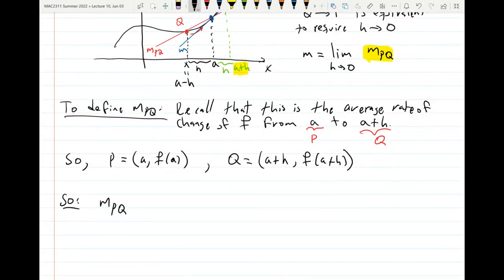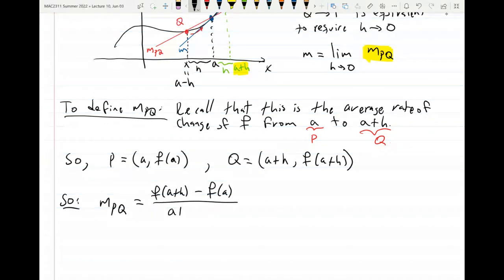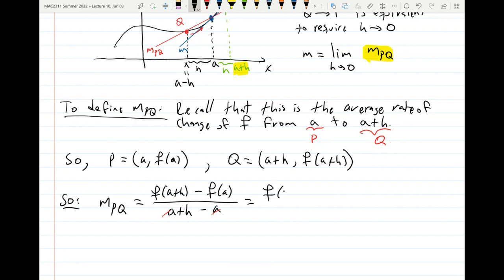In other words, the slope of the secant line PQ is given by, remember, y2 minus y1 over x2 minus x1. So the difference of the y's: f of a plus h minus f of a, over a plus h minus a. As you can see here, the a's cancel out, and so we end up with this expression. And this expression should look familiar to you.